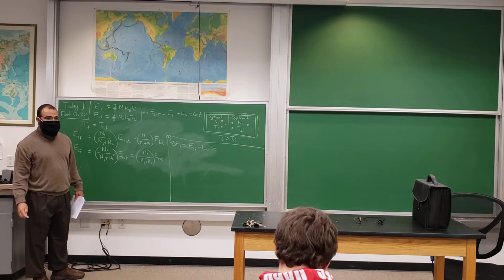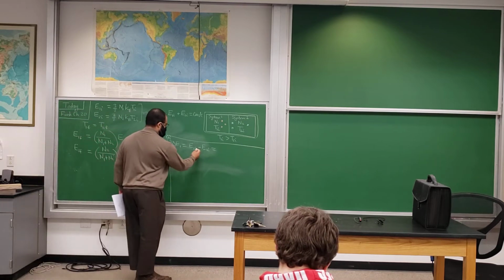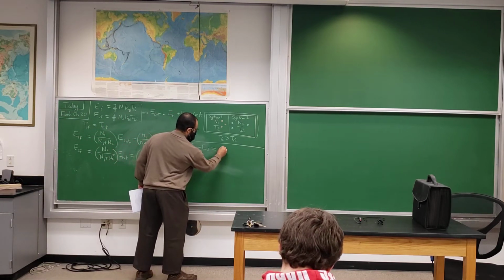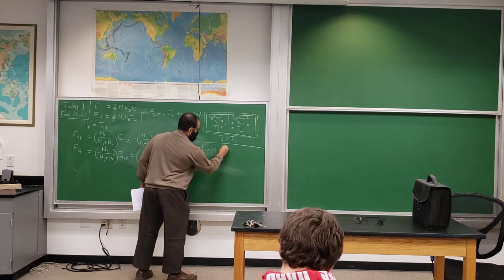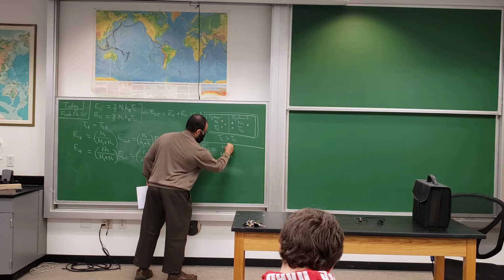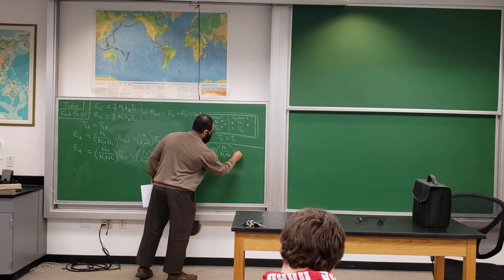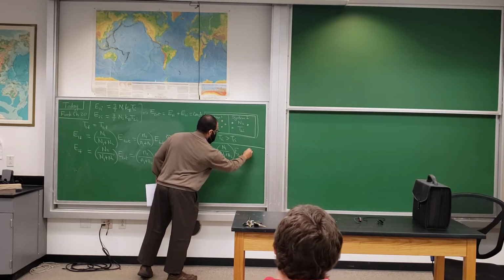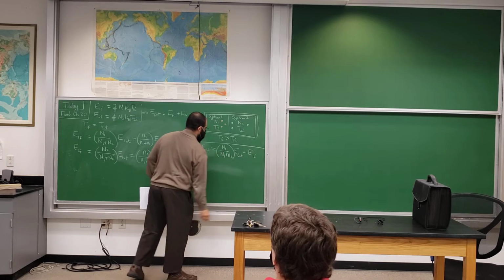So you have E1 final is N1 over N1 plus N2 times E total minus E1 initial.